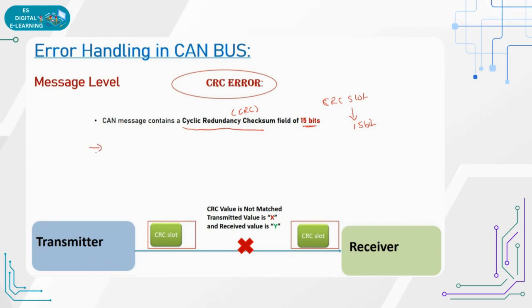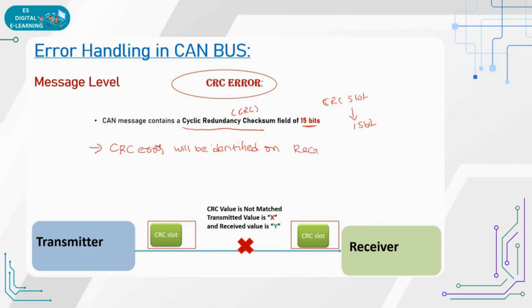You can write down: the CRC error will be identified on the receiver side. On the receiver side, it's enough.